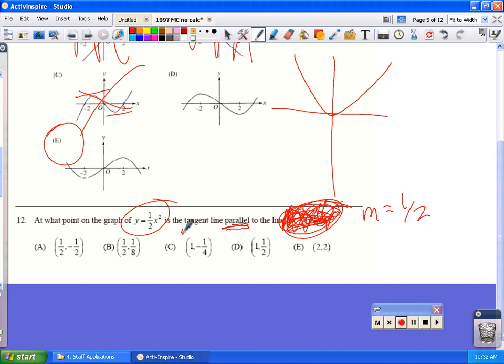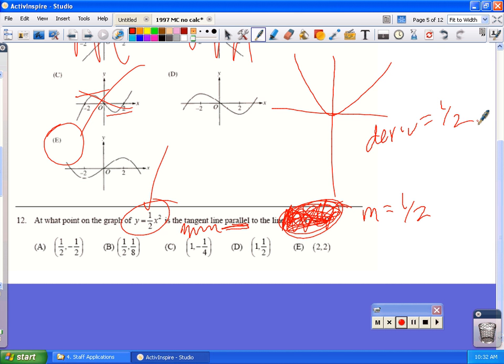My line is a tangent line, which means that somewhere on my curve, the derivative is 1/2, because I have a tangent line whose slope is 1/2, yes?